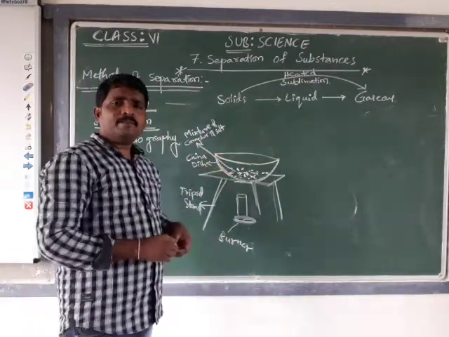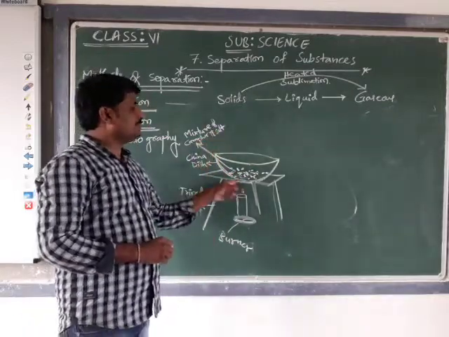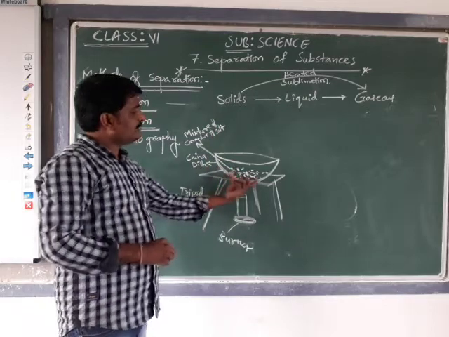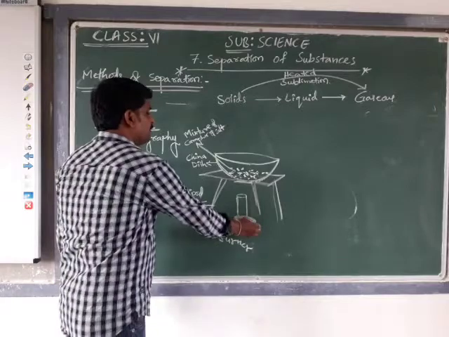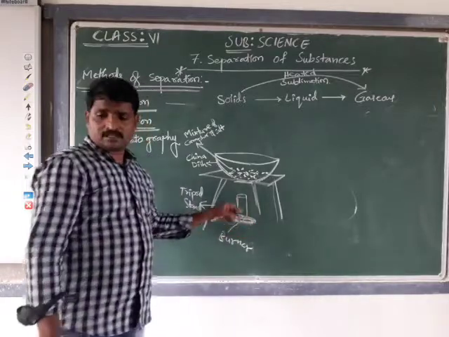Both look the same. Now we want to separate these two substances from the mixture. To do this, we have taken the china dish and kept it on a tripod stand, with a Bunsen burner down under the tripod stand.